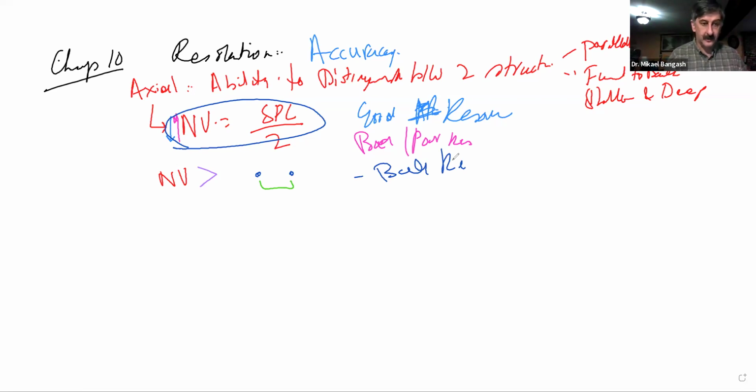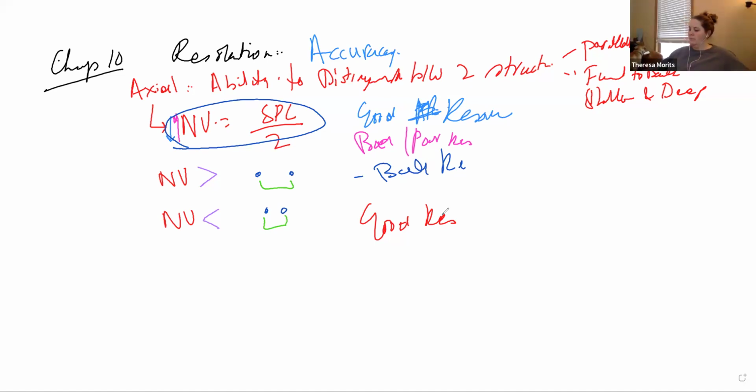Whereas if it's the opposite, that the numerical value is lesser than the distance between the two structures, that will lead to a good resolution. Did you guys get that?